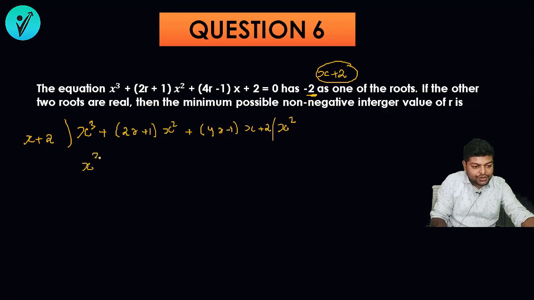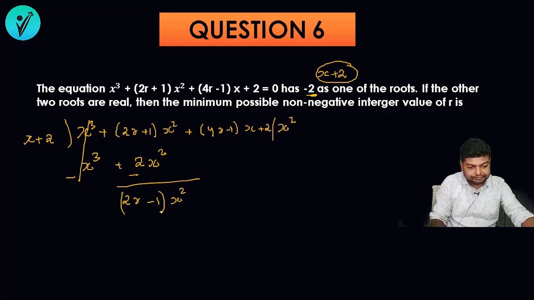So it will be x cube plus 2x square, minus and minus. So this will be cancelled, and we'll be left with 2r plus 1 minus 2, which is 2r minus 1, times x square.